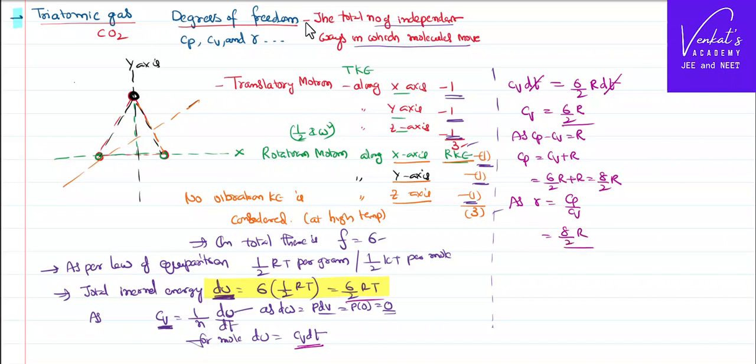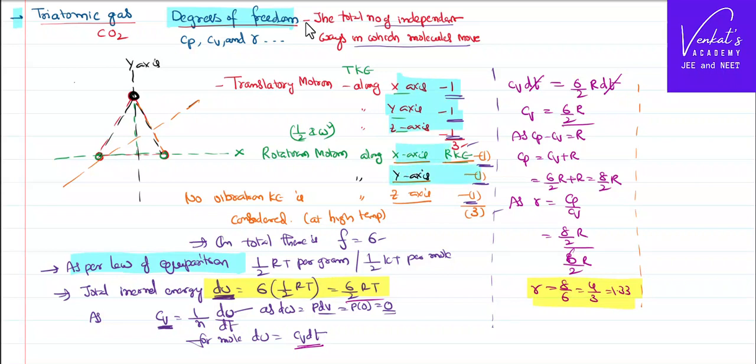Cp is 8 by 2 times R, Cv is 6 by 2 times R. That is 8 by 6, that is 4 by 3, that is 1.33 for a triatomic gas molecule. Thus, we are able to find the value of gamma using degrees of freedom, the law of equipartition of energy, and understanding how degrees of freedom contribute to the internal energy of the system.